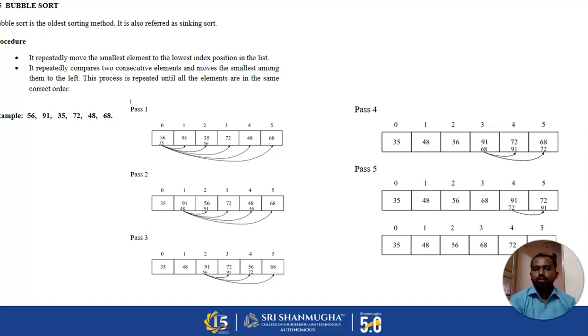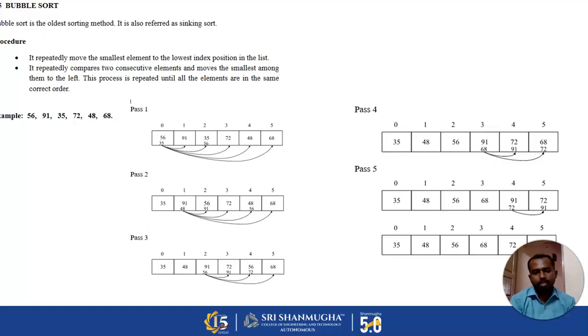Okay, next pass 2, starting with 35. Next we compare 91 to 56. 91 is greater, 56 is lesser, so 56 swaps to index 1 and 91 swaps to index 2. Okay, next we compare 91 to 48. 91 is greater, then 56, and we compare 48.